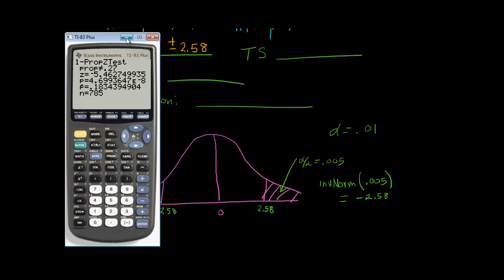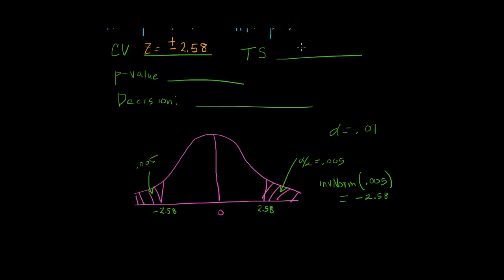Okay, so let's record those results. Our test statistic was negative 5.46, and our p-value we said is essentially 0. I'm going to record it as 0.0000. That shows in 4 decimal places, that's all I have are zeros.